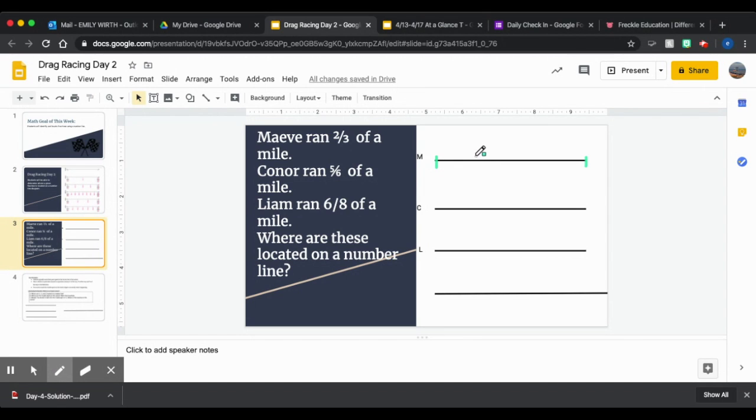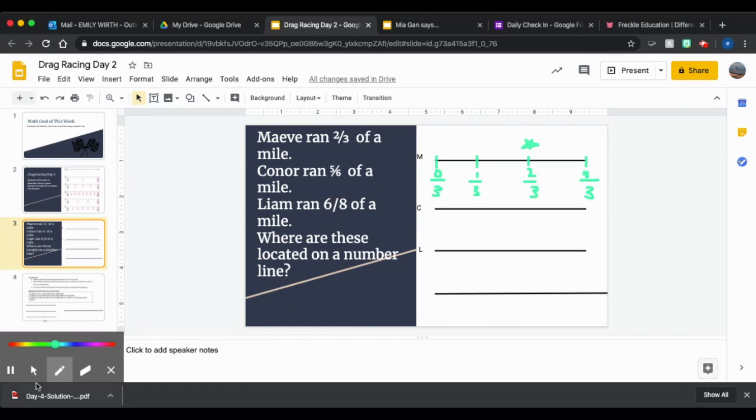Here's 1 equal piece, 2 equal pieces, 3 equal pieces. I want to make sure that I'm labeling these neatly: 0/3, 1/3, 2/3, 3/3. So this is Maeve's mile, and she ran 2/3 of a mile. I'm going to label that there.